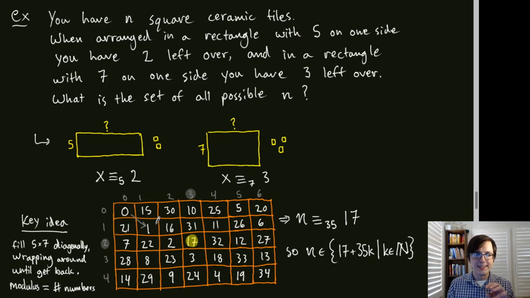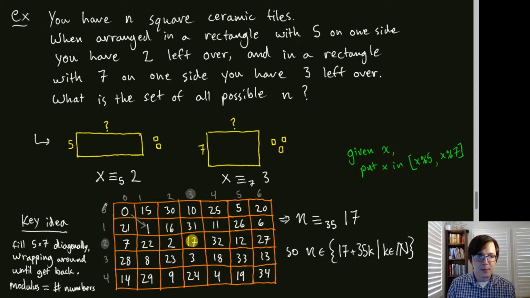So given x, we put x in the coordinate, and I'll use square brackets for the coordinate, [x mod 5, x mod 7]. That's what I'm doing here.